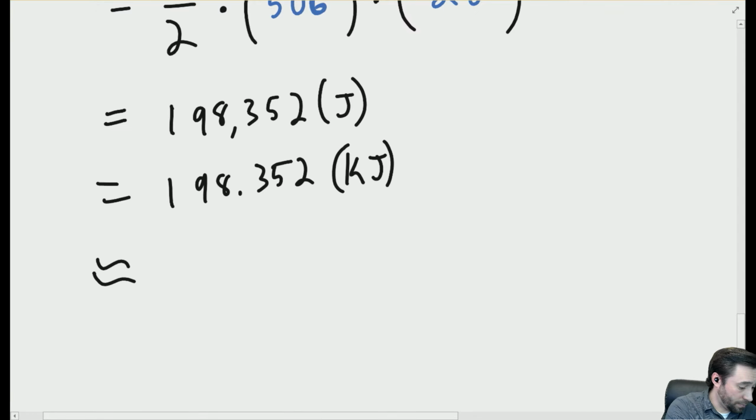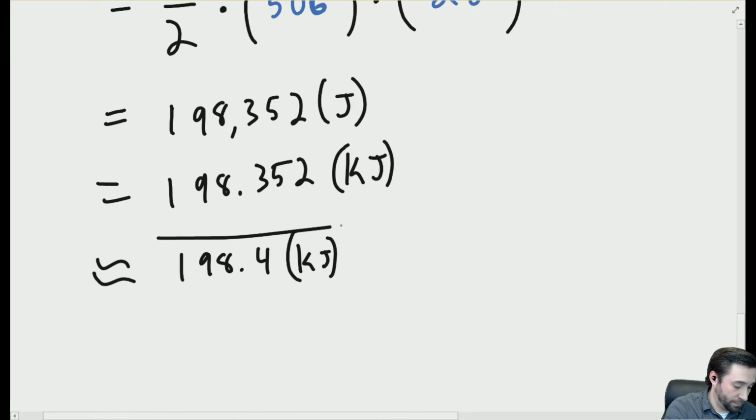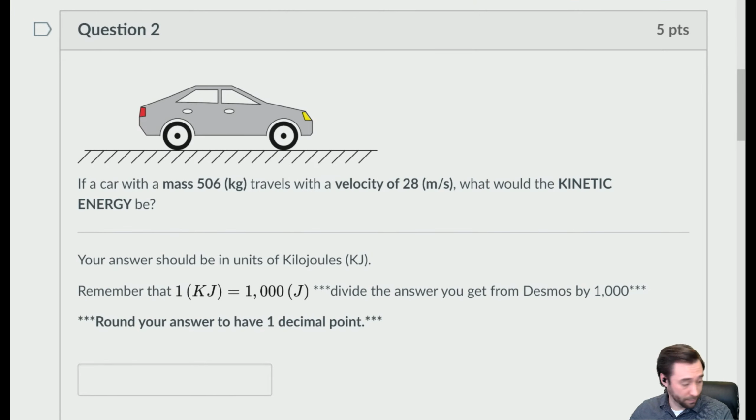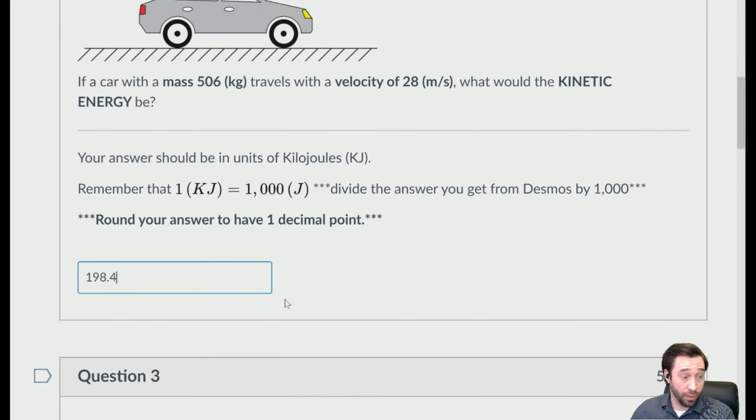So I get approximately 198.4 kilojoules. So that's what I'm going to be putting in my answer. So 198.4. And remember, don't put the units in.